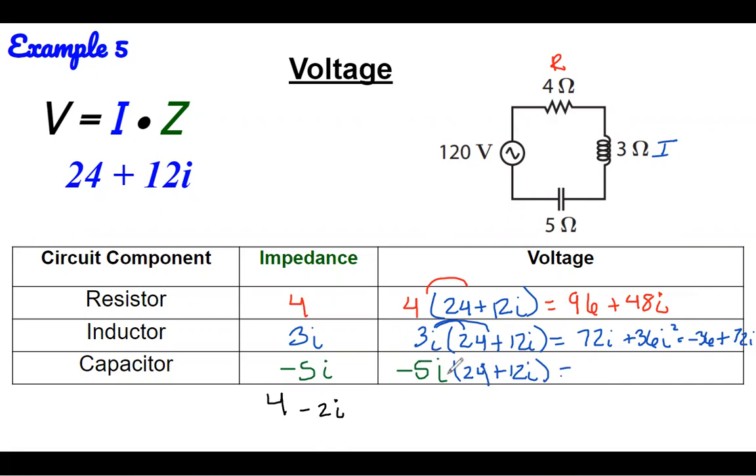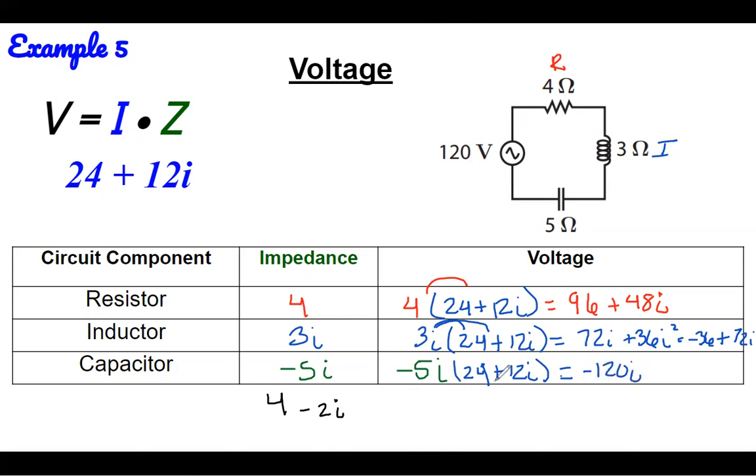Distribute. Negative 5i times 24 is negative 120i.